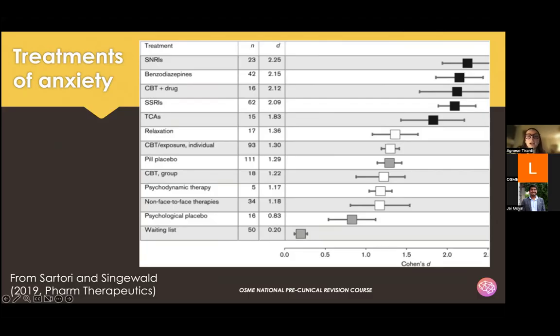But say, for example, here, CBT and drug, we didn't see that for depression, but here we do see cognitive behavioral therapy and drug. Even going a little bit under, we see relaxation, CBT, placebo. What this tells us is that for anxiety, there's a lot bigger role for non-pharmacological treatment. But as you can see here, the most effective ones do seem to be drugs, so SNRIs and benzodiazepines.